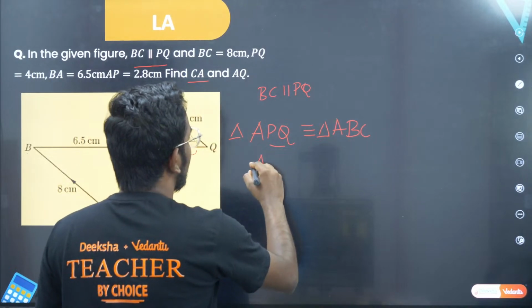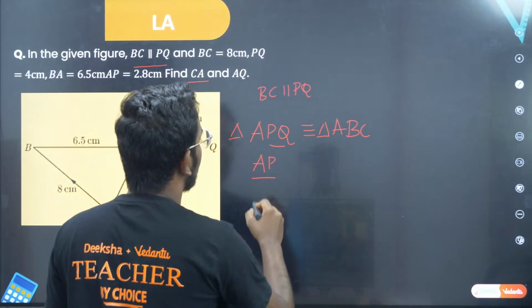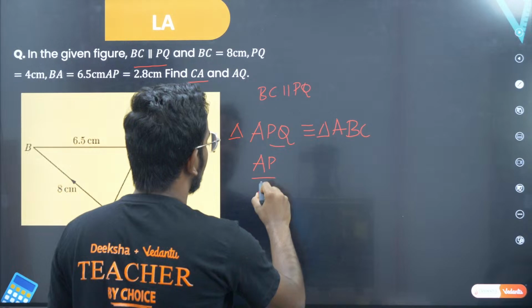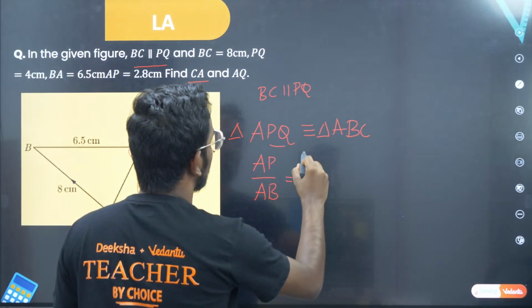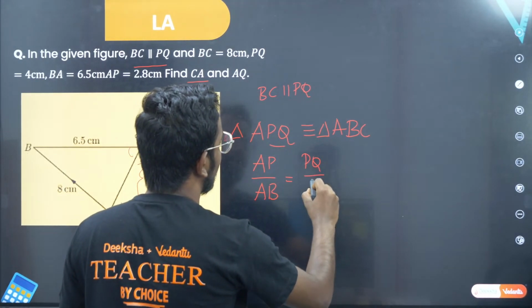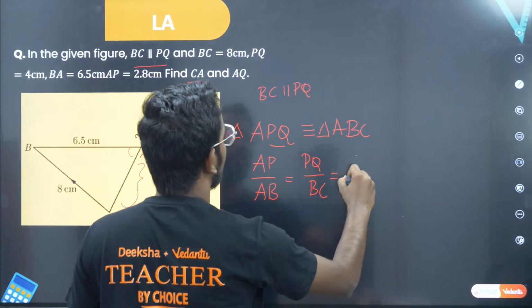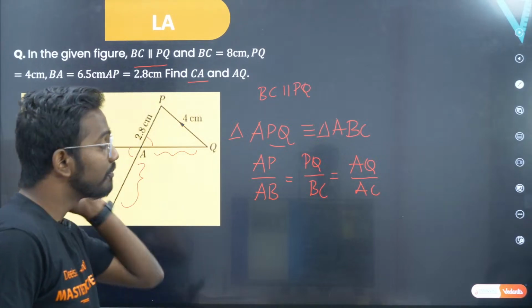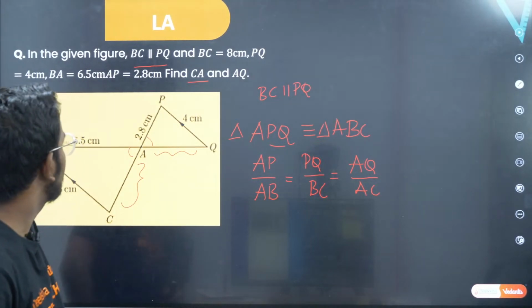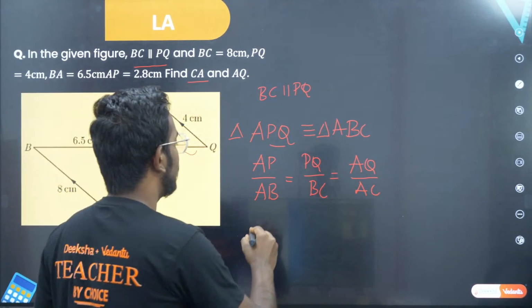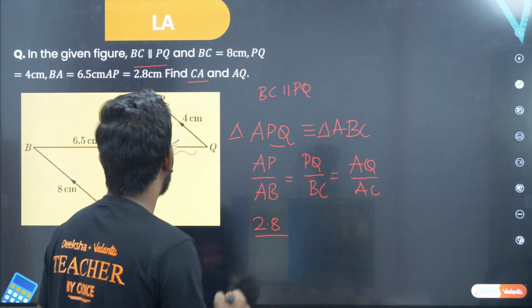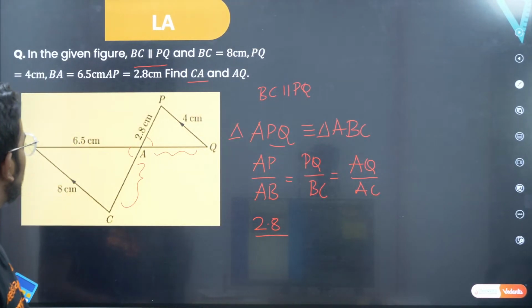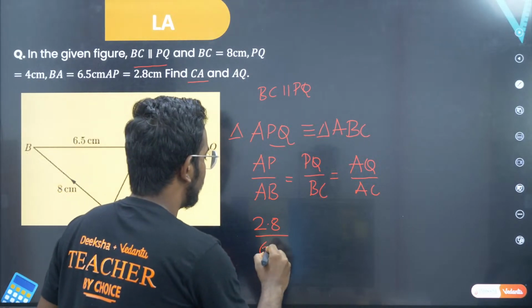We know that AP by AB is equal to PQ by BC is equal to AQ by AC. Hope this is clear. Okay. So now AP is given, that is 2.8. Whichever values are given, just try to write them. Is AB given? That is also given, 6.5.